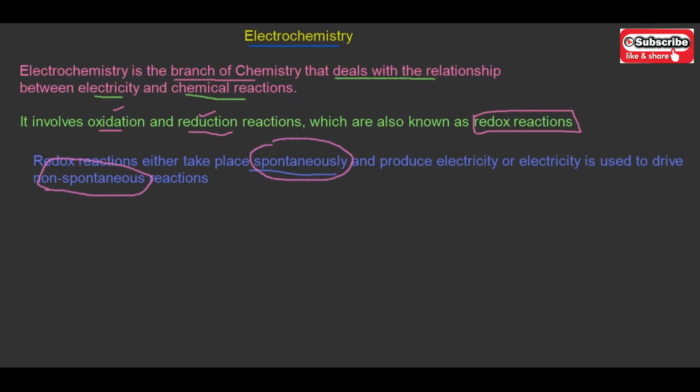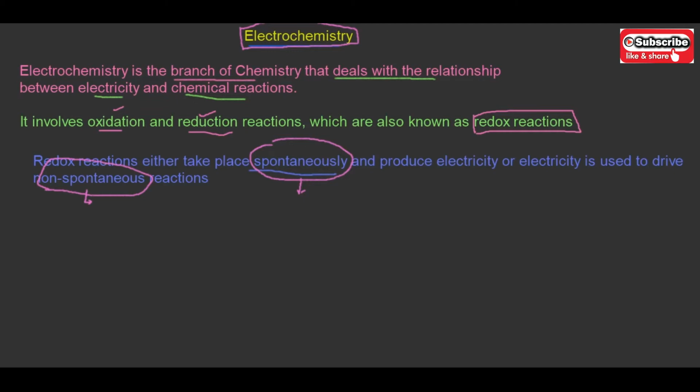Spontaneous reactions are those which take place on their own, while non-spontaneous reactions are those in which we have to provide electricity in order to start a chemical reaction. This was just a short introduction to this chapter.